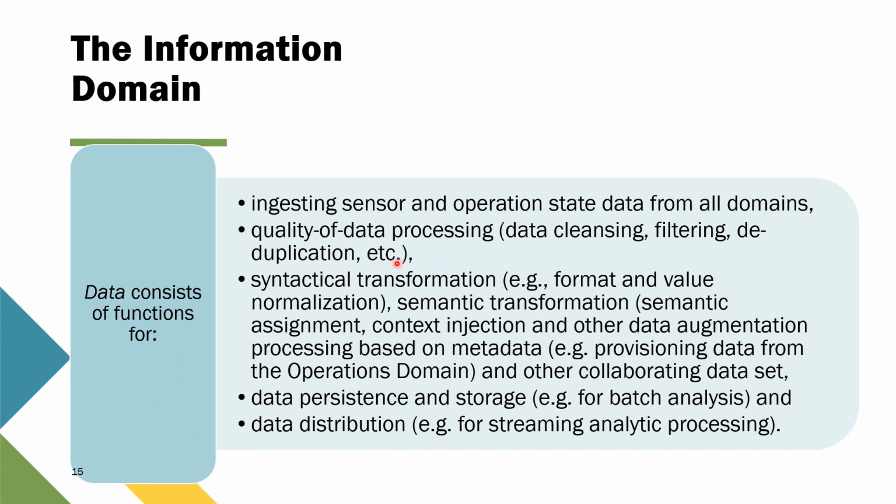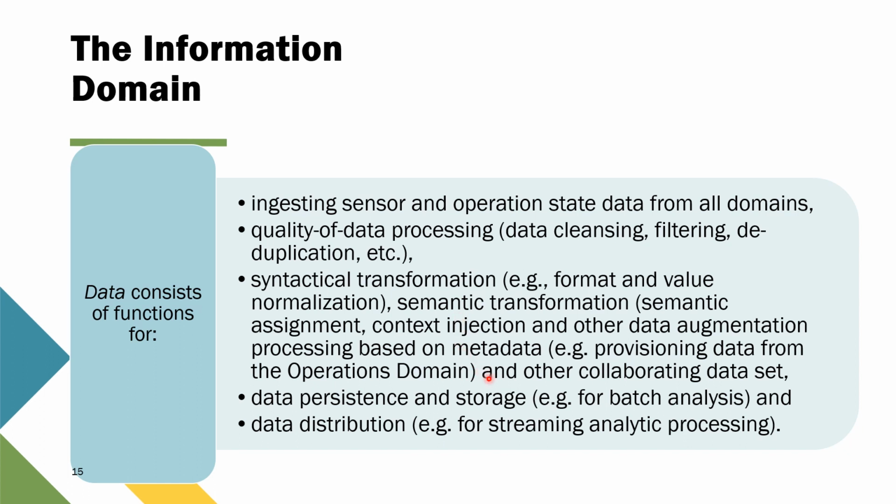The next one is syntactical transformation. For example, like we learned previously, certain devices might use different protocols and different languages. So in this step, it will transform the data into a format that is normalized for everything, so that it will be easier to understand and analyze.